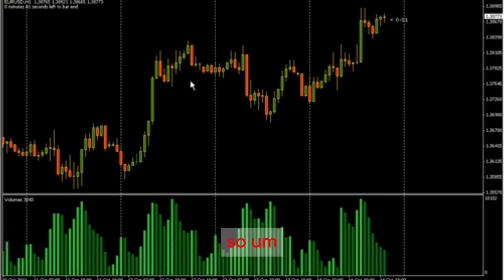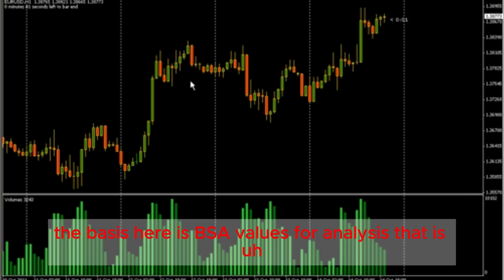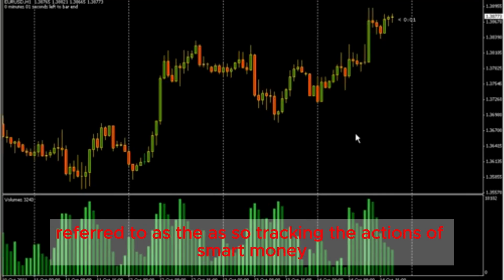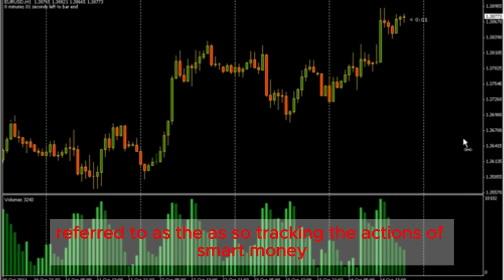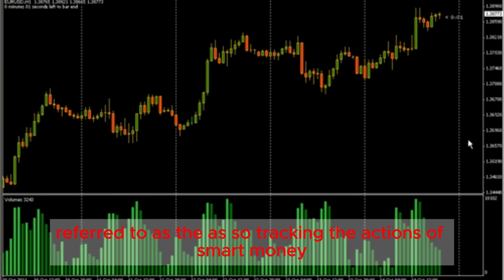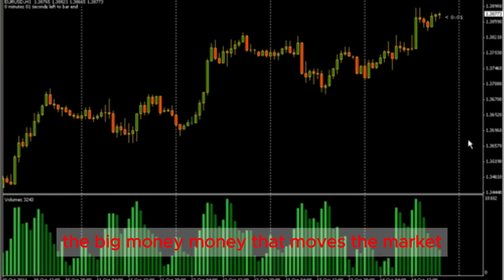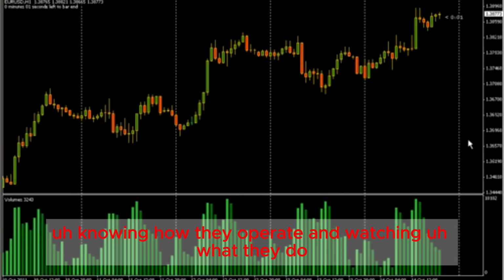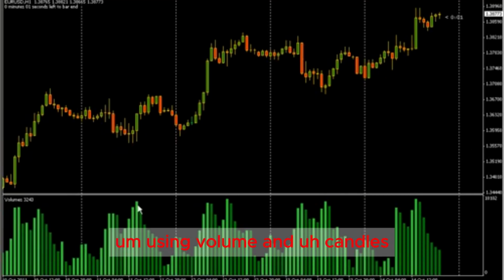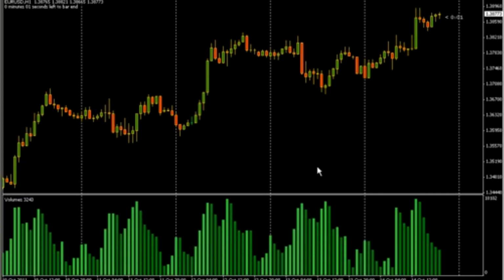So the basis here is VSA, volume spread analysis. That is referred to as tracking the actions of smart money, the big money, money that moves the market, knowing how they operate and watching what they do, using volume and candles.